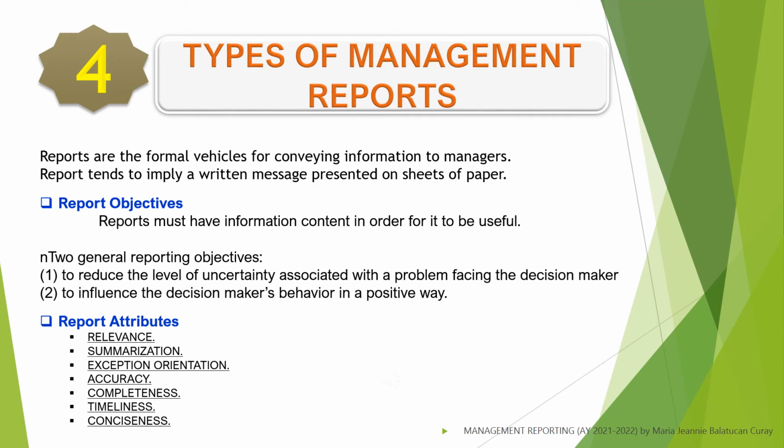So for accuracy, no question for reporting, accuracy is really a must. So information in reports must be free of material errors, because a material error may cause a wrong decision or a failure.